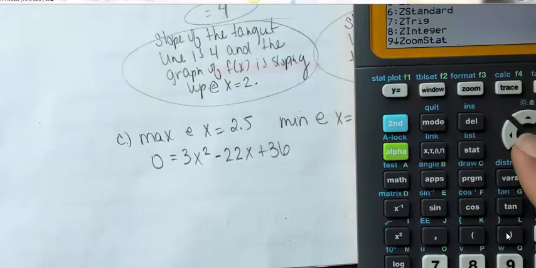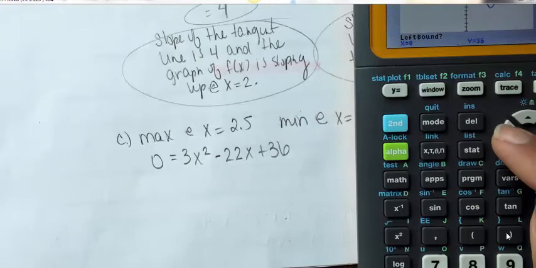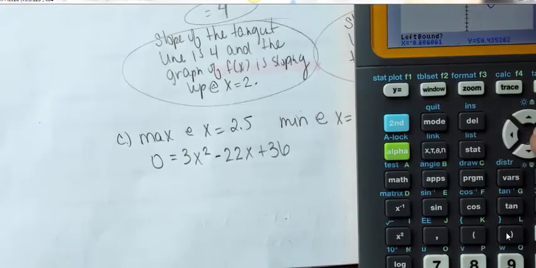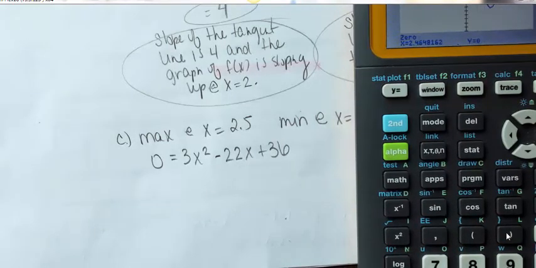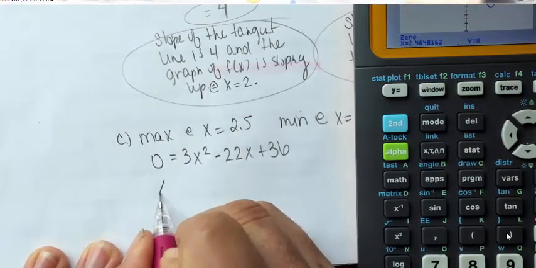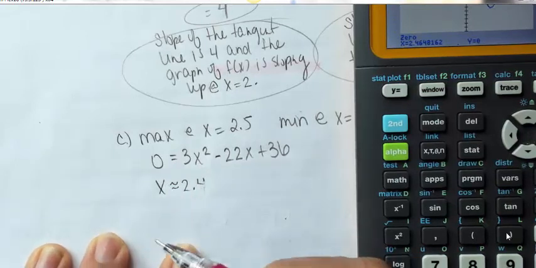I need a better window. So I'm just calculating my zeros. One of my zeros was x is approximately 2.4.